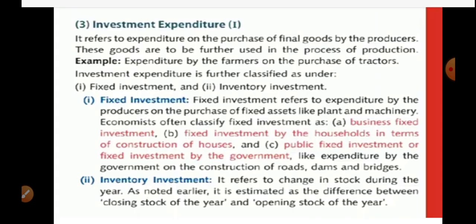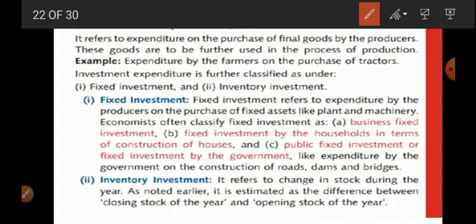Okay, now investment expenditure. It refers to expenditure on purchase of final goods by the producer. These goods are to be further used in the process of production. Okay, like a farmer purchases a tractor, so what is it? It is investment. Investment expenditure is further divided into two parts: fixed investment and inventory investment.